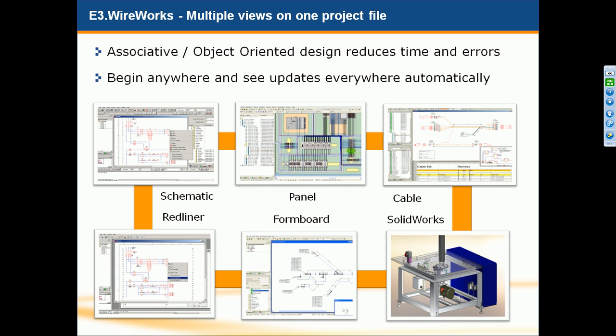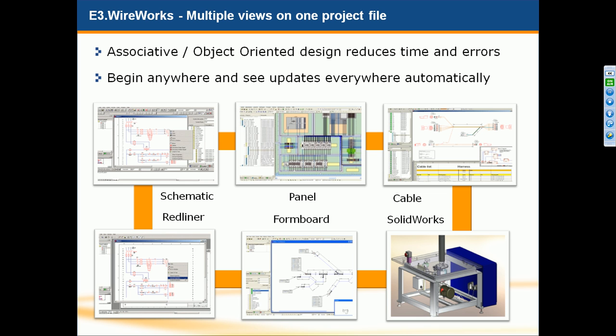So let's get into a little bit about E3.WireWorks. It's associative. It's fully integrated with SolidWorks. Changes that you make to a schematic are going to be updated everywhere automatically. So if you change something in the schematic, the panel view is going to update, the cable view is going to update, the Formboard view is going to update, and you can even update SolidWorks.